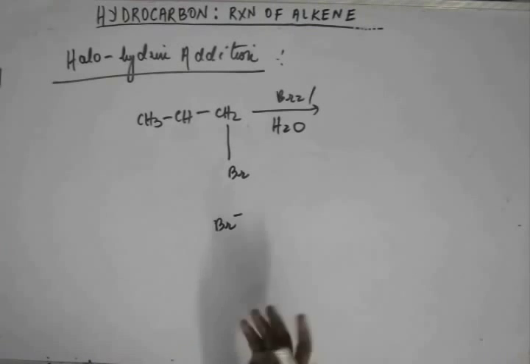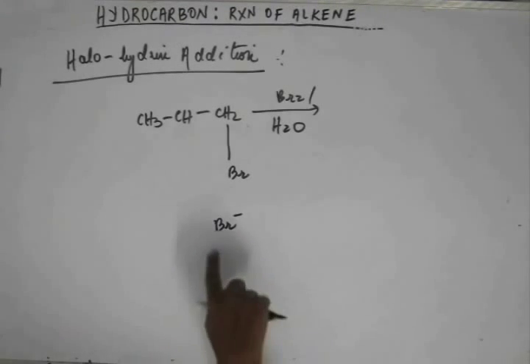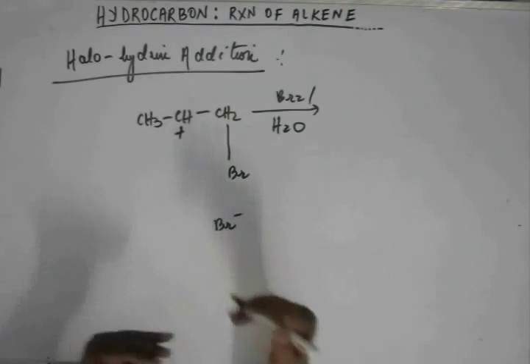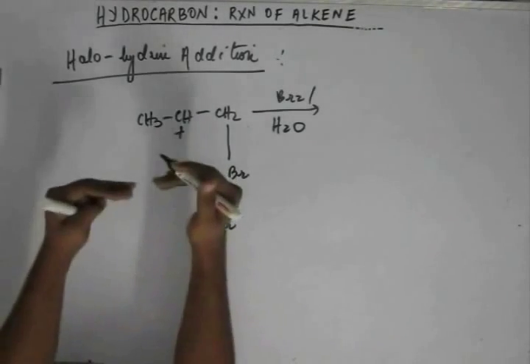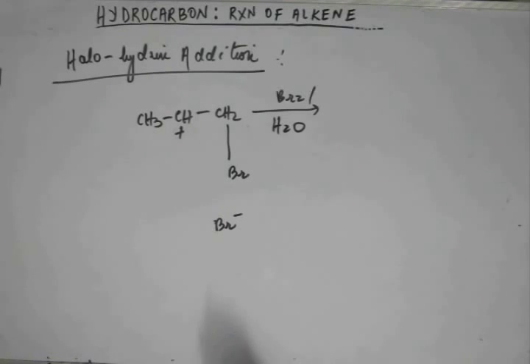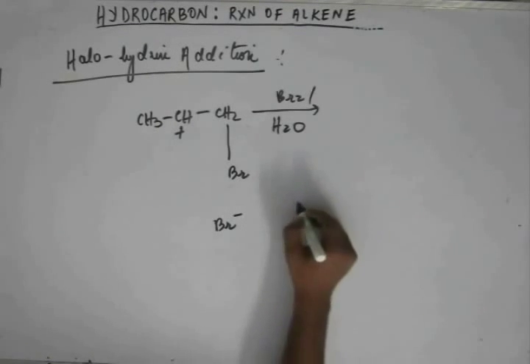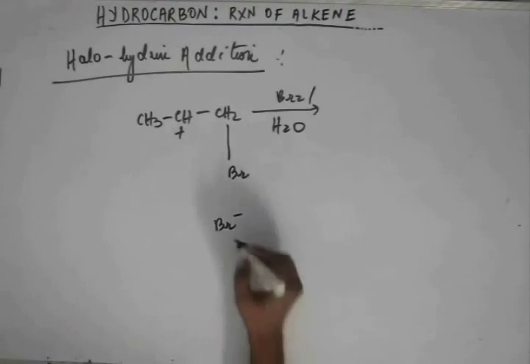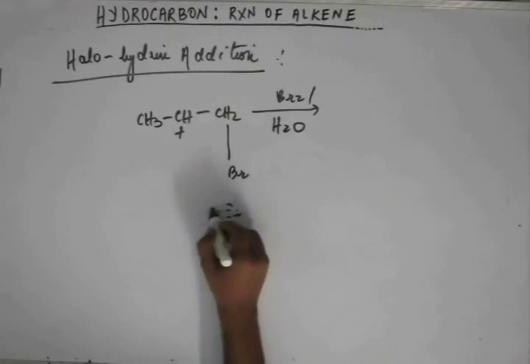So I have done it quickly. Now, in the last reaction, the story went like this. This bromide ion that has come out and the plus charge developed on this carbon, this will go and attack that C+. That's how we did it. Because last time we didn't have water. We had CCl4 and CCl4 will show no reaction. But we understand when this bromide ion comes out, it is under the cage of solvent.